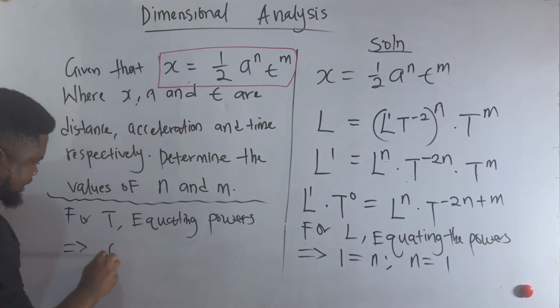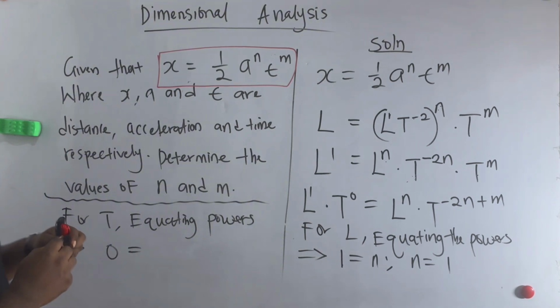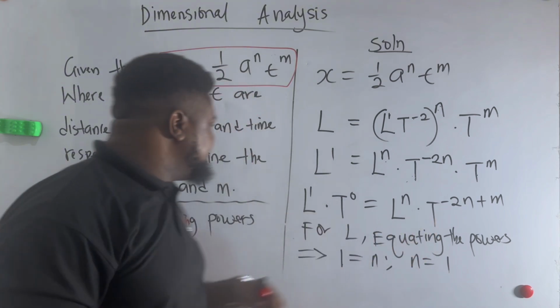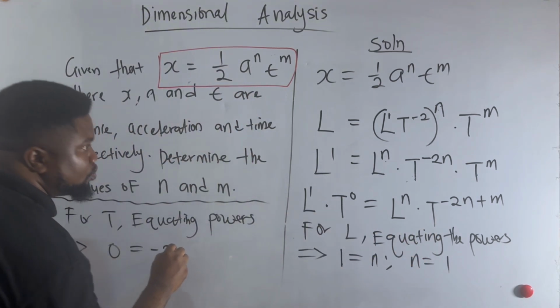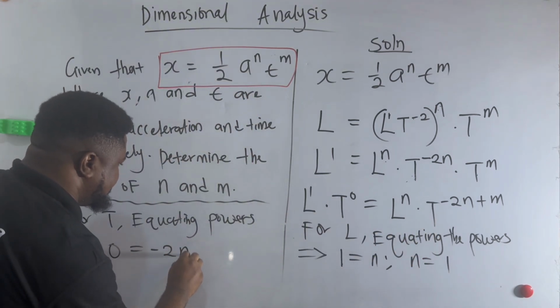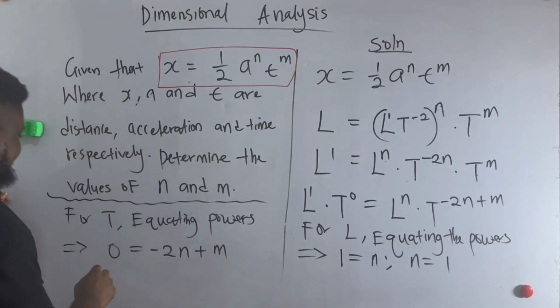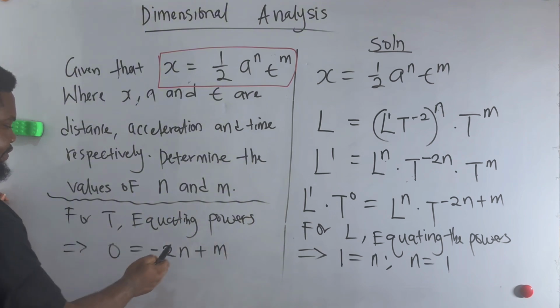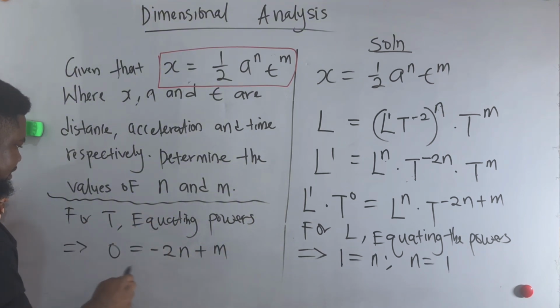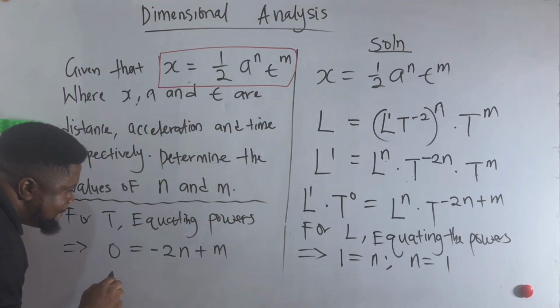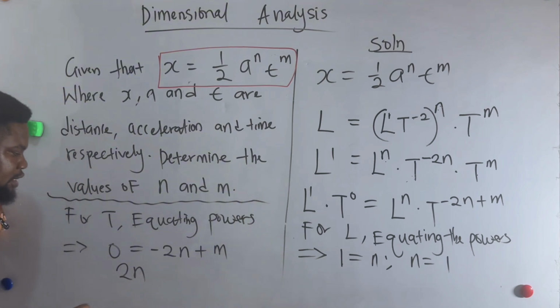This will mean that 0 is equal to the power of T on the right hand side, which is minus 2n plus m. So if I take this one inside, the minus becomes plus. That will be 2n is equal to m.